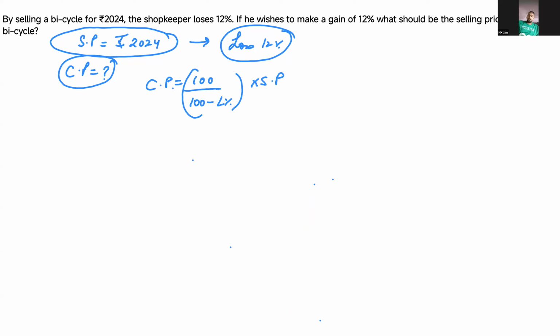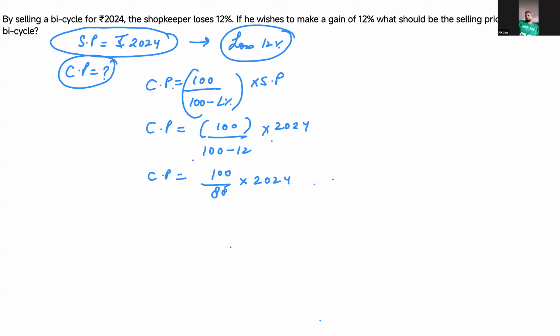Okay. So now we have to put the value of SP into this formula to get the value: CP is 100 upon 100 minus 12, into SP, which is 2024. The CP will become 100 upon 88 into 2024. Is it divisible by 11?